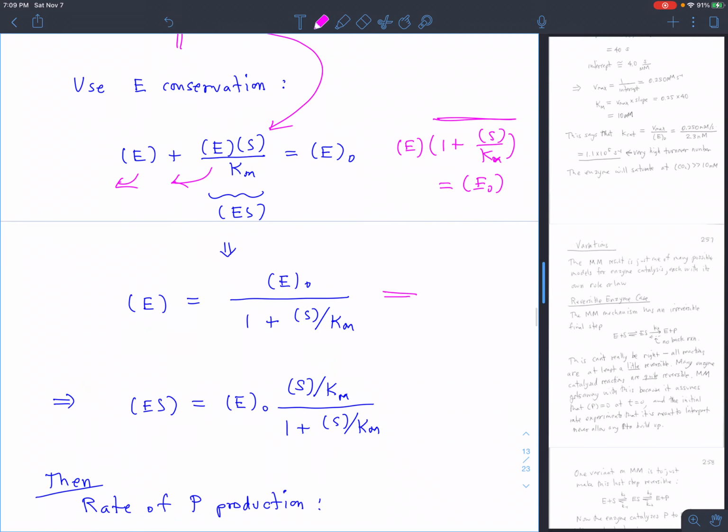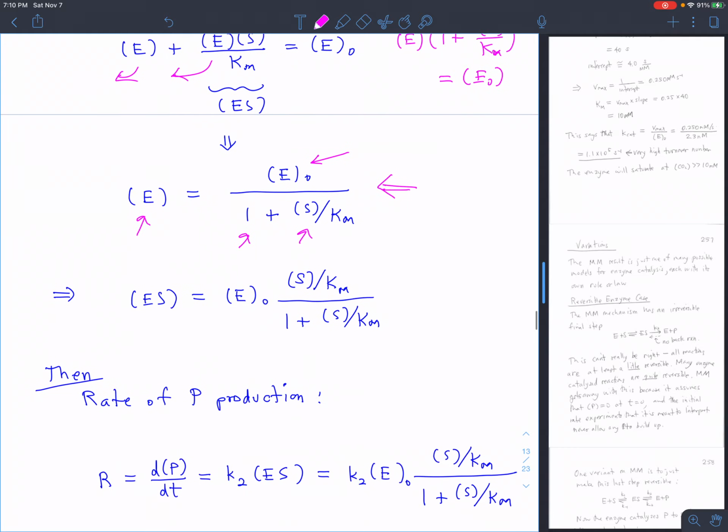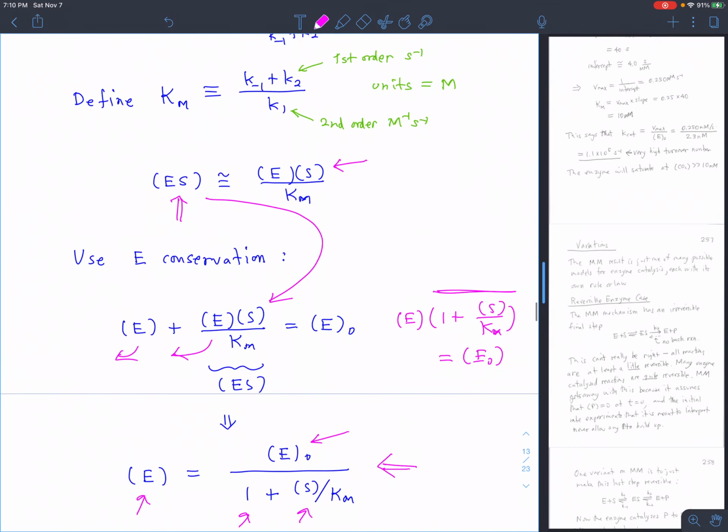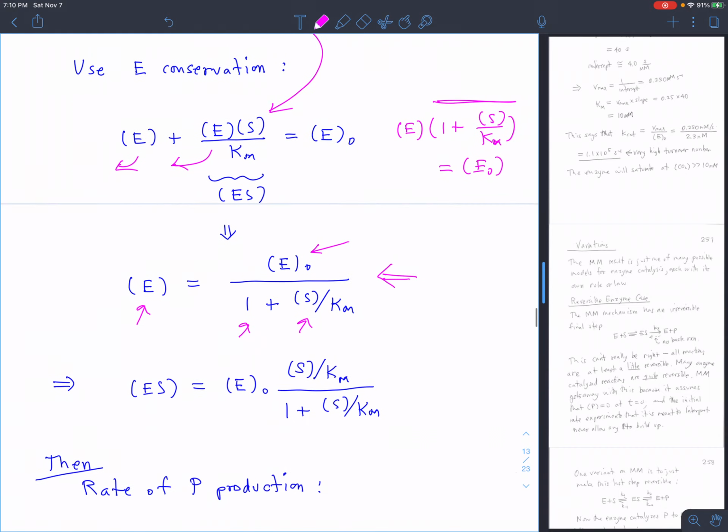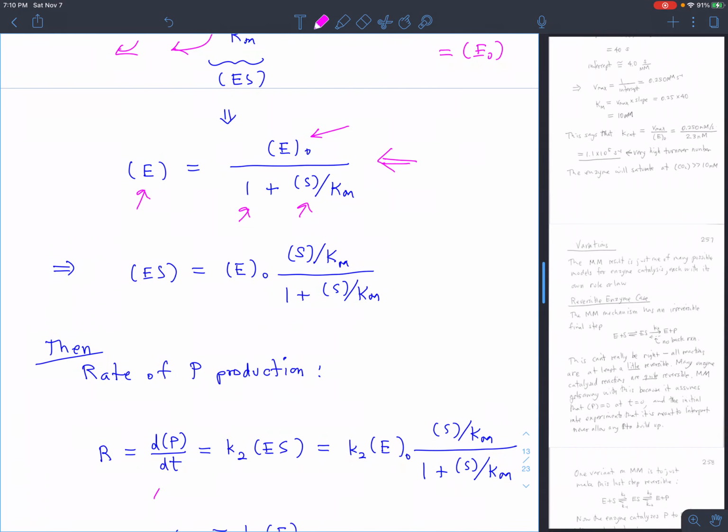So the free enzyme concentration is equal to the total enzyme concentration divided by 1 plus S divided by Km. And plugging that back into the expression for ES. We want ES, right, because our rate of reaction is k2 times ES.